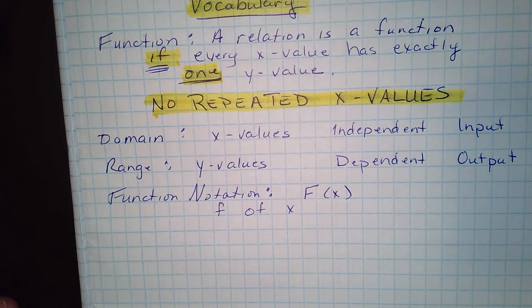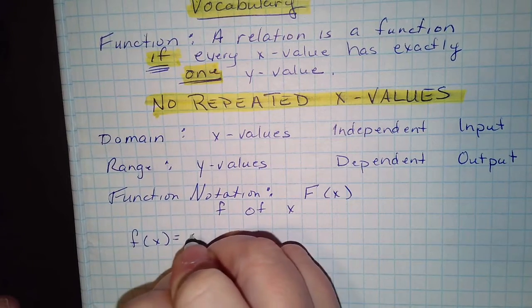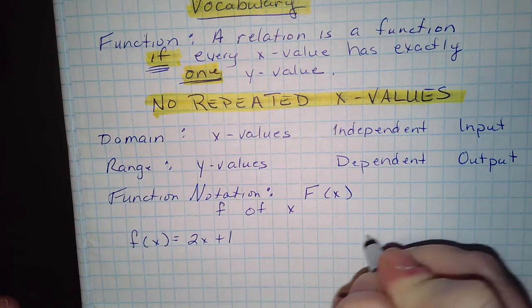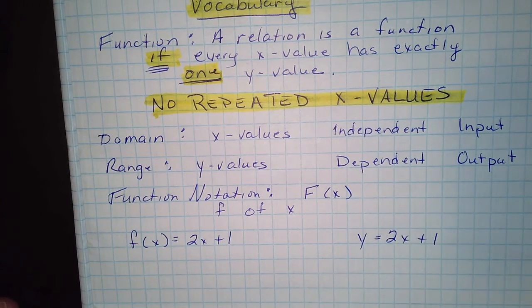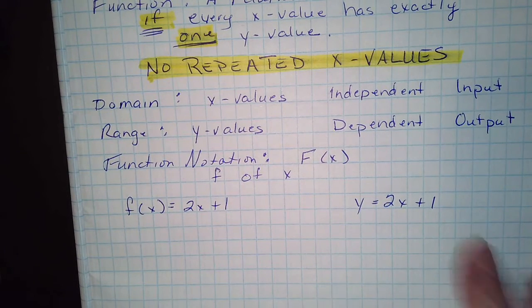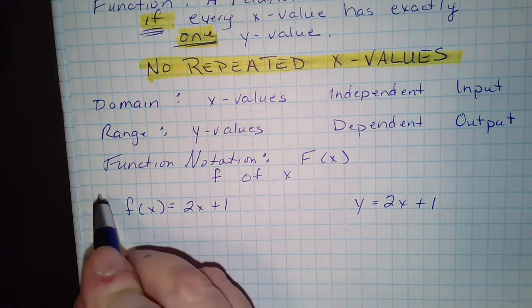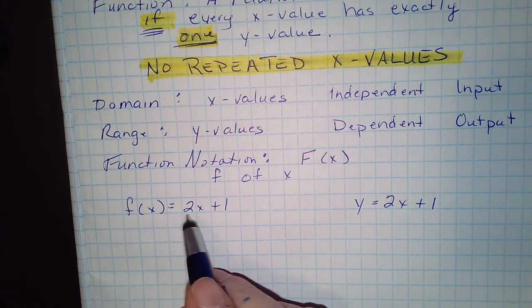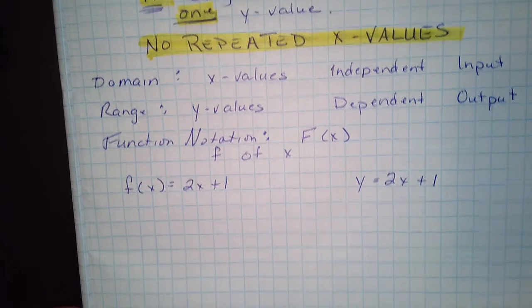So when you look at f of x, the function of x, it's just like saying f of x is equal to 2x plus 1, or y is equal to 2x plus 1. You see that it's the same. It's just written differently. You know this. You've used this. Now we're going to be using it this way. There's no difference. Nothing changes other than this just looks a little bit different.